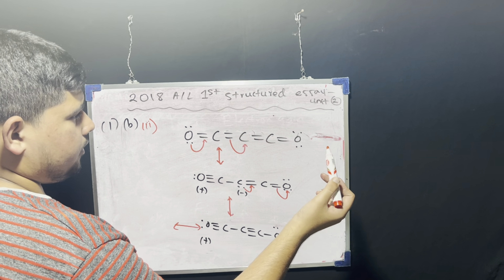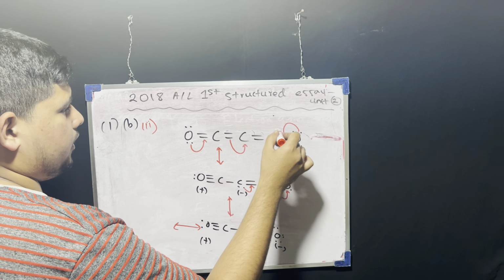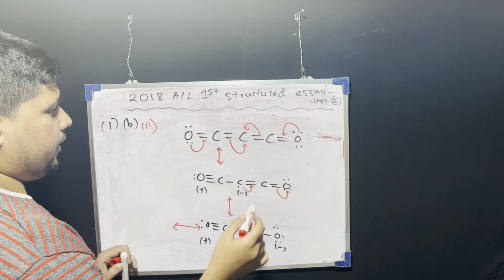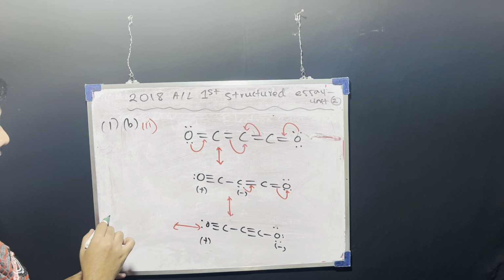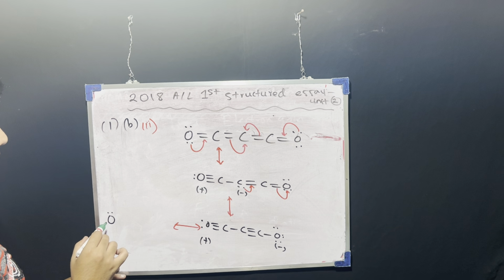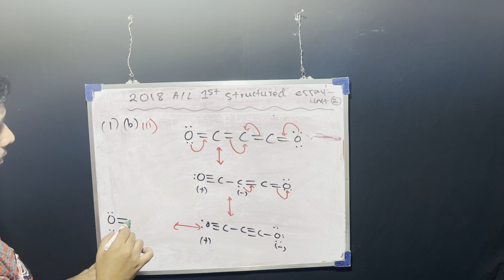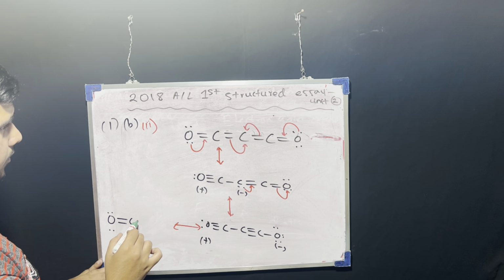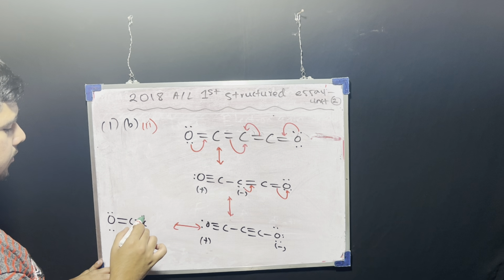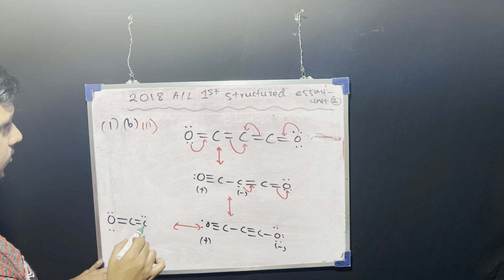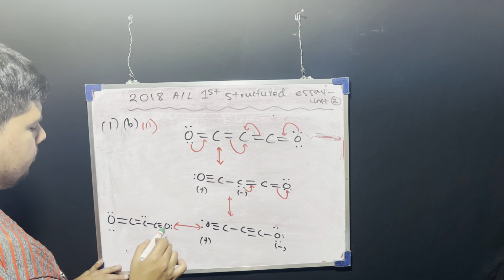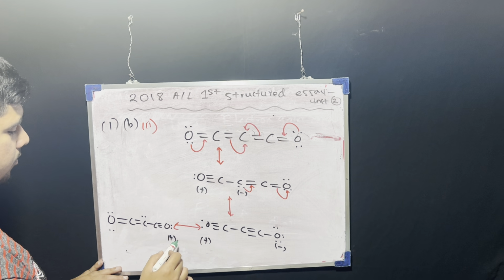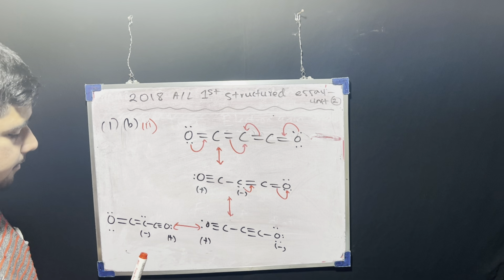Here I can make this lone pair the bond pair and this bond pair the lone pair. Correct, right?